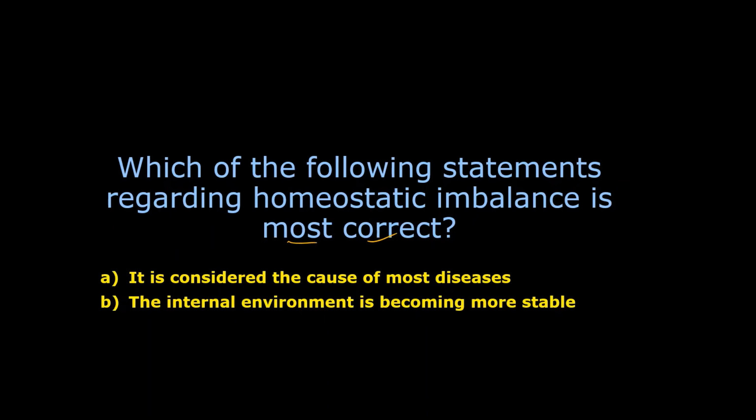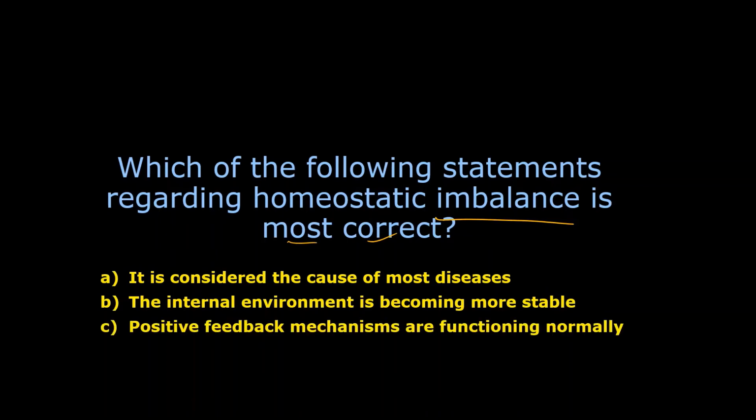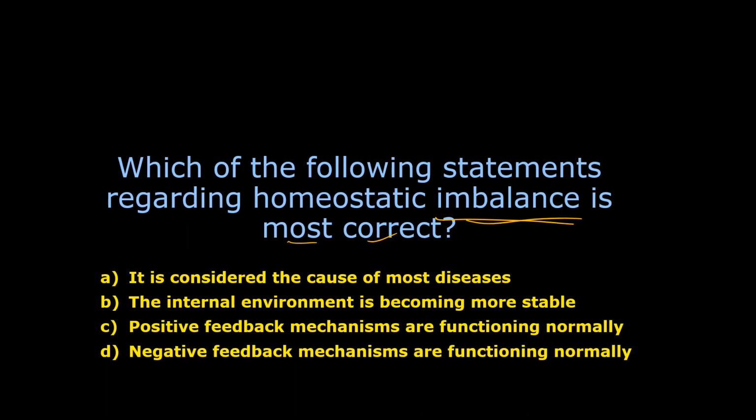No, more stable is not imbalance, right? So A is still looking best. Positive feedback mechanisms are functioning normally. Well, normally implies, again, not an imbalance. Negative feedback mechanism. Okay, another normal. So if we have stable and normal, those are not imbalanced. And A is correct.